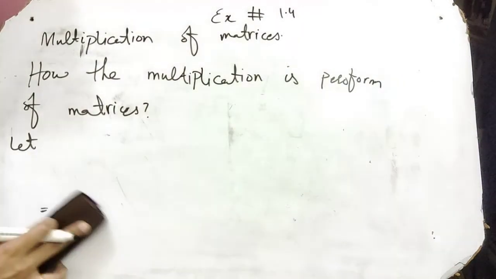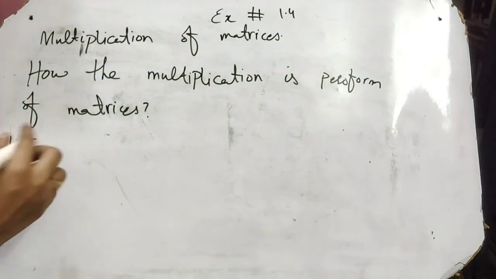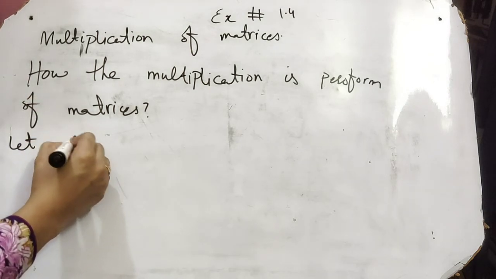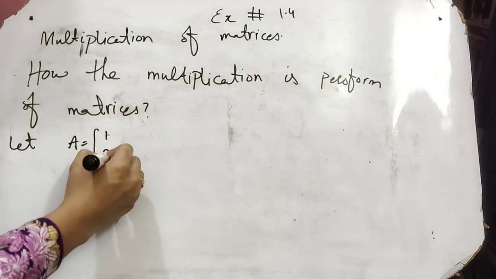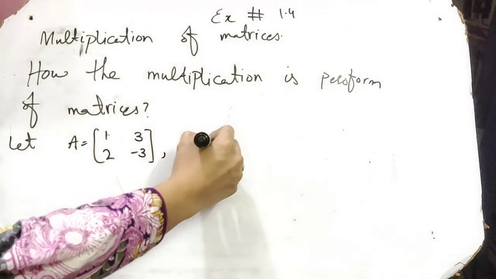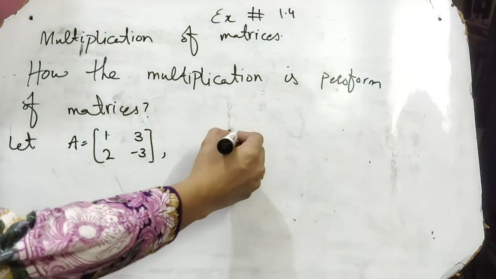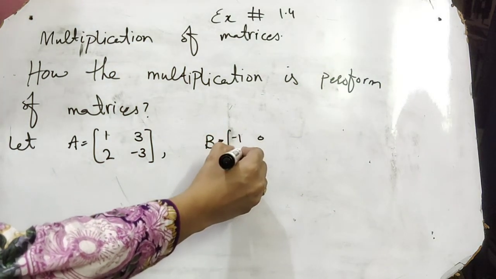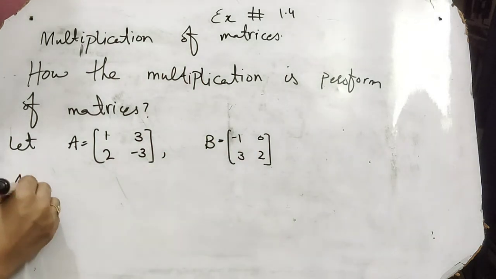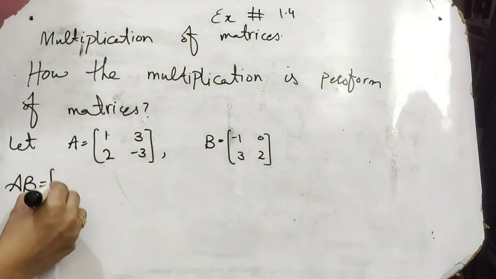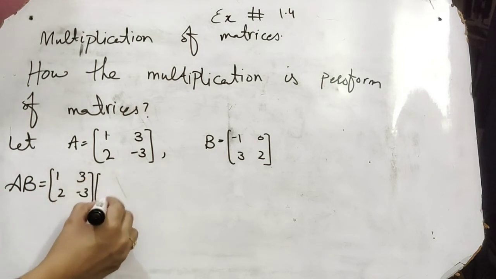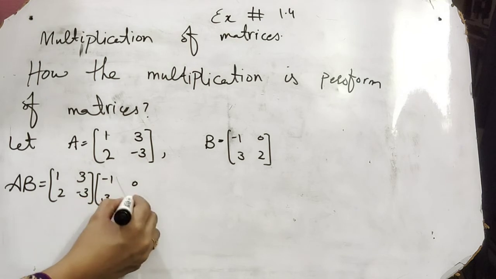Take any other example. Let A be equal to 1, 2, 3 and minus 3, and B be equal to minus 1, 0, 3 and 2. So AB is equal to 1, 3, 2, minus 3 times minus 1, 0, 3 and 2.